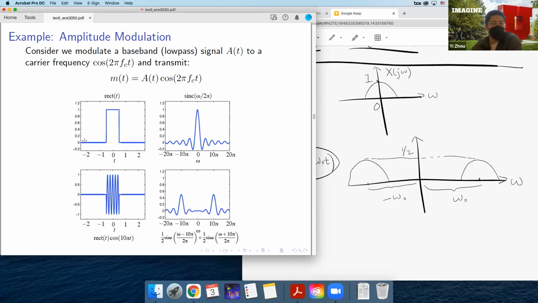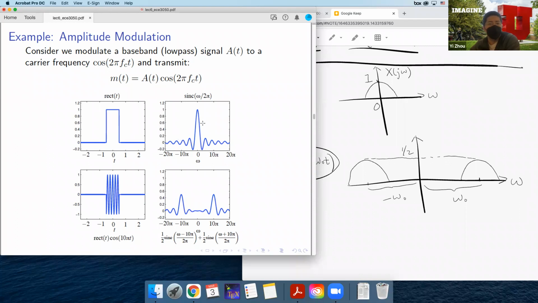For example, we want to transmit such a baseband rectangle signal, a very simple rectangle signal. And it is a baseband signal because by Fourier transform, we have shown that the corresponding spectrum looks like a sinc function.